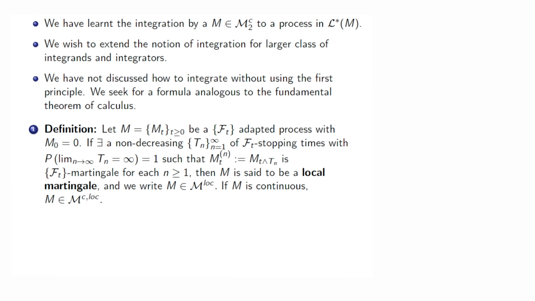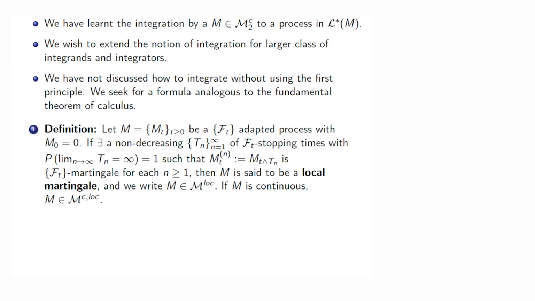What is the meaning of this? The value of this process at time small t would be exactly Mt if capital Tn is more than t. However, for some realization when capital Tn is smaller than small t, then we choose only M at capital Tn. So we choose the minimum of t and Tn.